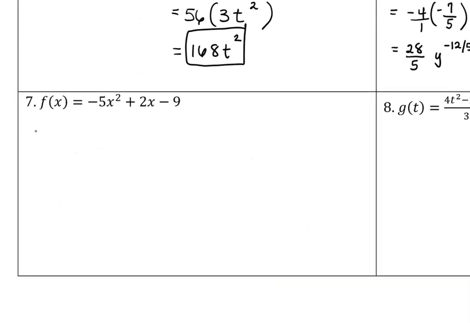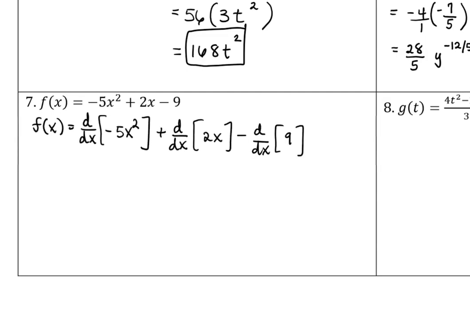In example 7, we're going to begin by applying the derivative operator to each term of this function. In the first term, the constant multiple rule tells us that we can pull that constant of -5 out in front. And I want to correct my notation here. I should not have f of x. I should have f prime of x because we are now taking the derivative.